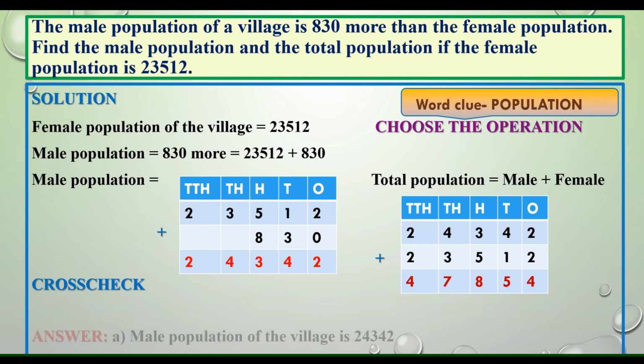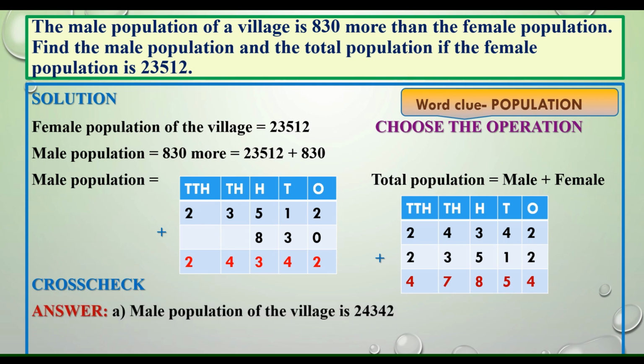Now you have to write the final answer. Now in the question it is asked, find the total population as well as male population. So first statement will be, male population of the village is 24,342.